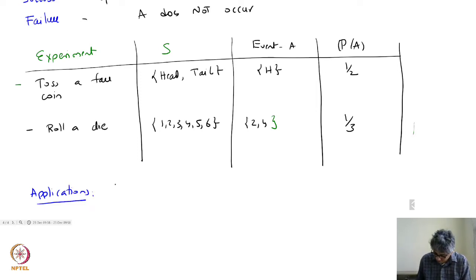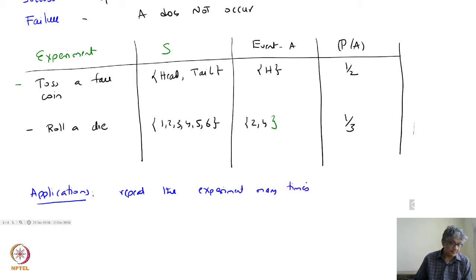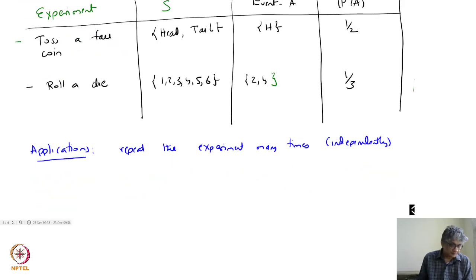To estimate that, you would repeat the experiment many times, independently, so that one trial doesn't affect the outcome of the other trial, and you would count the number of successes.